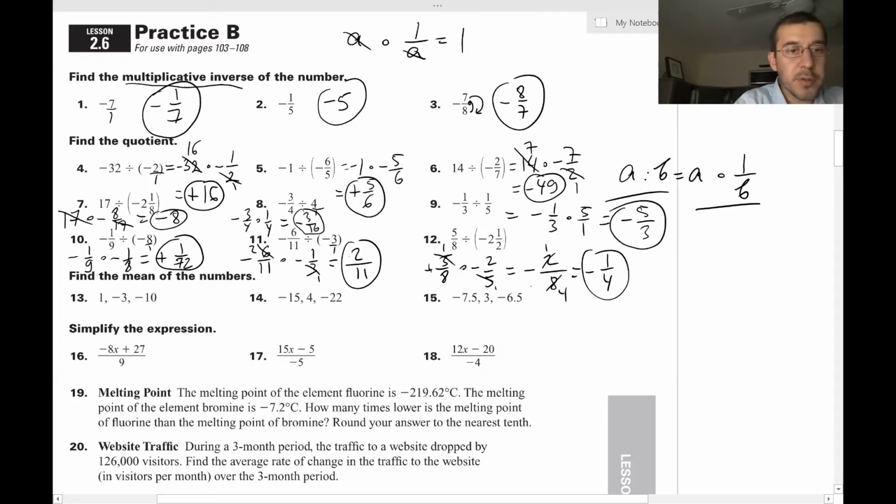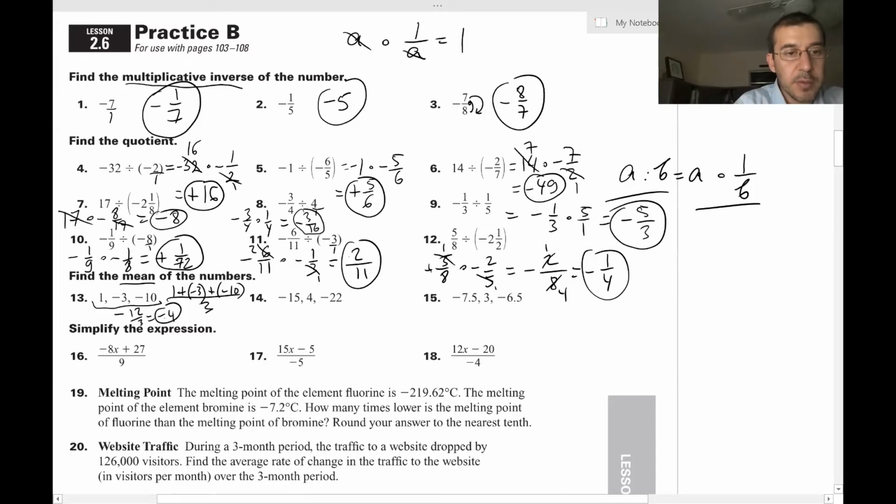Find the mean of the numbers. So mean or the average, right? So we have to add up these numbers and divide by the number of numbers. So what we have is 1 plus -3 plus -10, and then divide by 3. So -3 and -10 is -13, plus 1 is -12. So -12 over 3 or -4.